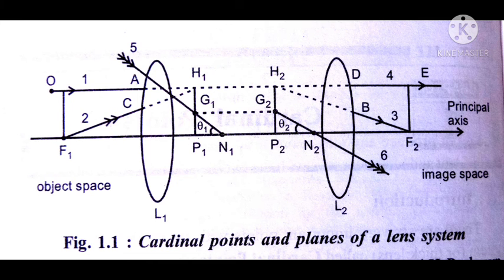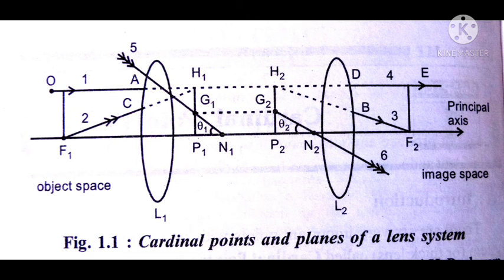The points of intersection P1 and P2 of principal planes with the principal axis are called the principal points. From this figure we can see that H1 and H2 are conjugate points such that H1P1 is equal to H2P2. Therefore we can say that the unit lateral magnification M is equal to 1, and hence the principal planes are also called unit planes.